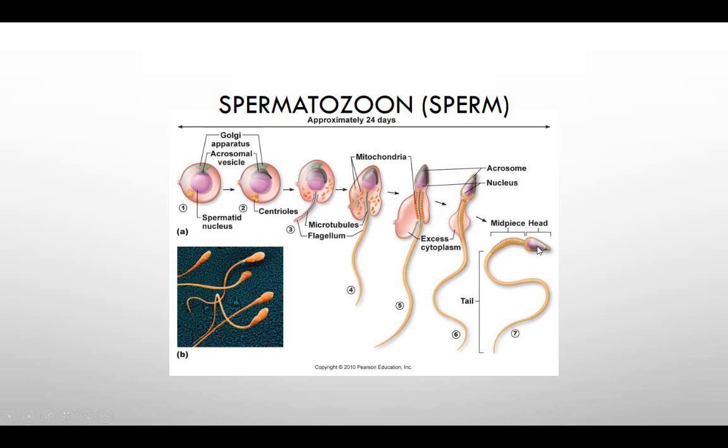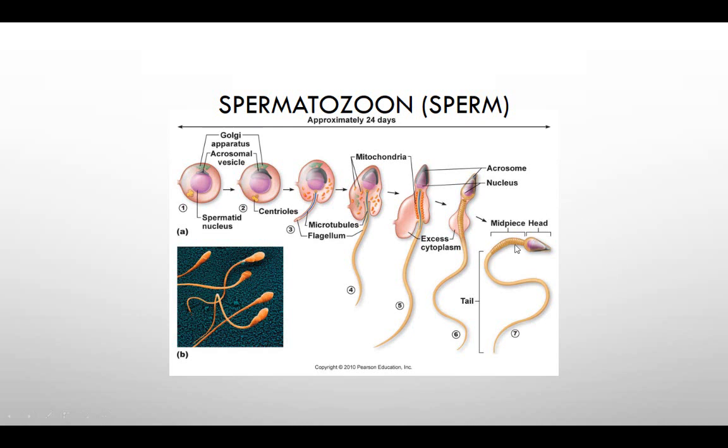So here's the head. Inside there has the genetic information, the 23 chromosomes. There's a little acrosome. This little black head on the sperm right here is called an acrosome, which has the digestive enzymes to penetrate the egg, if you will. We'll probably be talking about that more at a different time. I think we talk more about that in reproductive physiology.